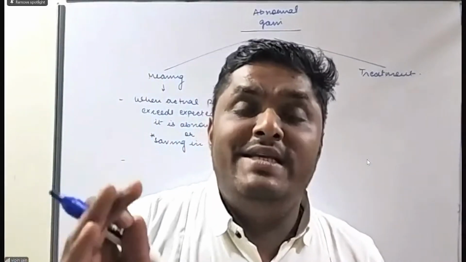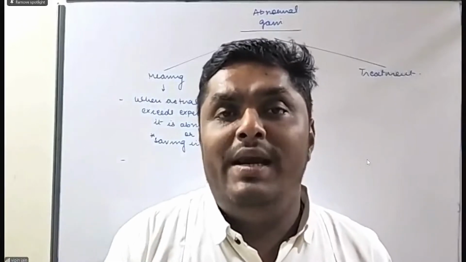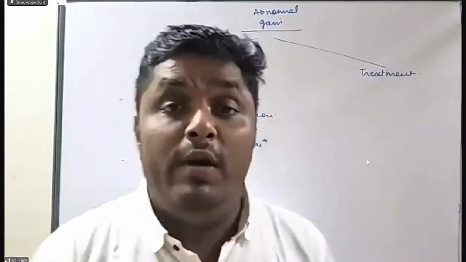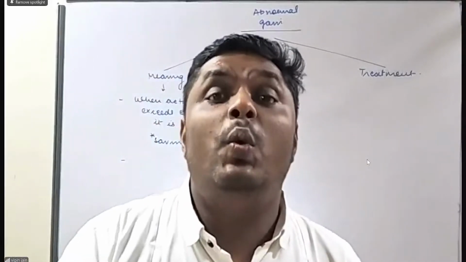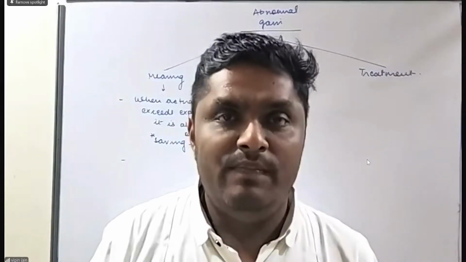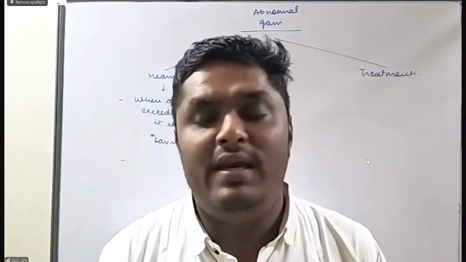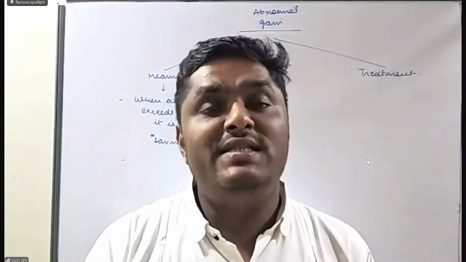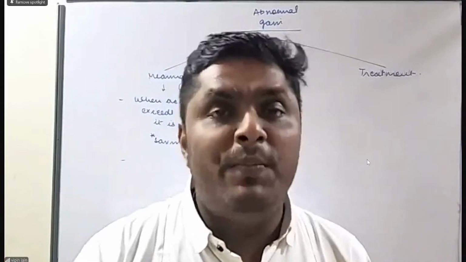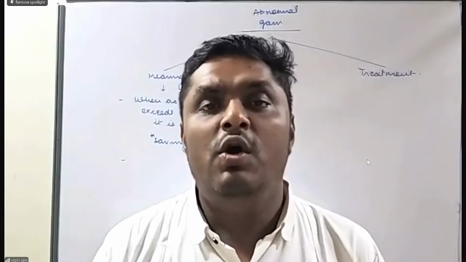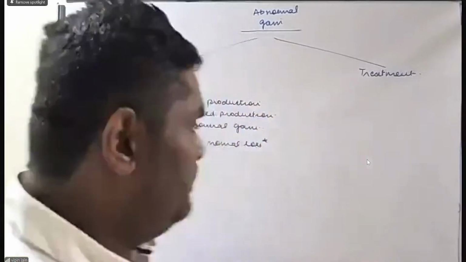Now, this abnormal gain arises due to overestimation of normal loss. अगर हमने नॉर्मल लॉस को ज्यादा एस्टिमेट कर दिया, इस वजह से भी abnormal gain आता है. Apart from this, abnormal gain arises due to improvement in production process also, or we can say efficiency of worker.